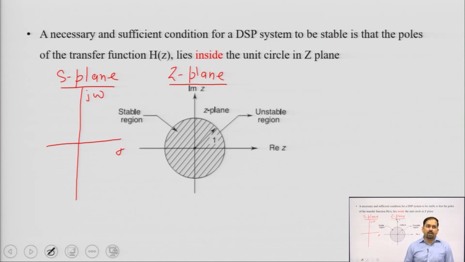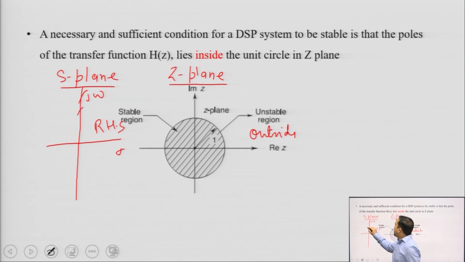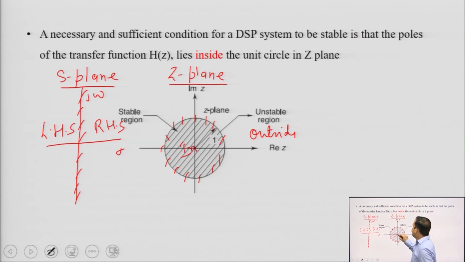What we are aware of here is that the right-hand side is mapped outside, the j omega axis is mapped onto the unit circle, and the points in the left-hand side are said to be inside the unit circle.